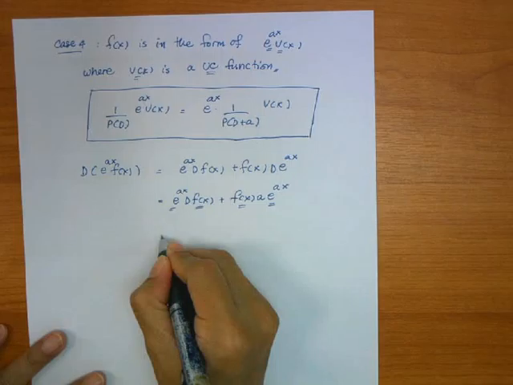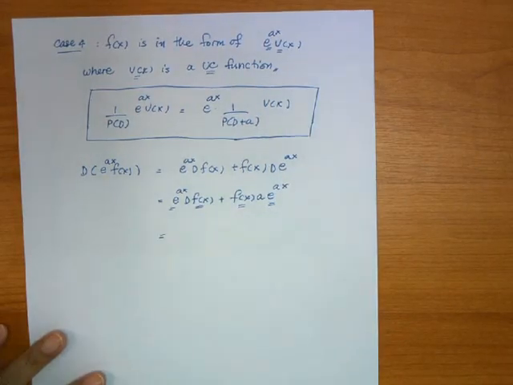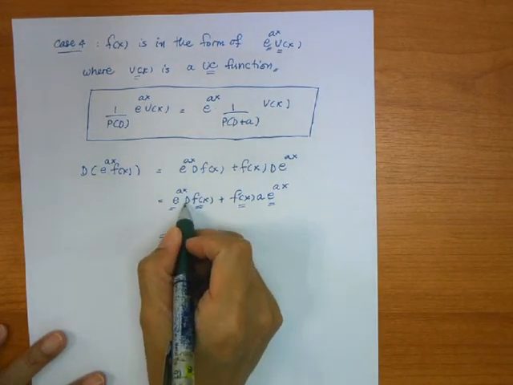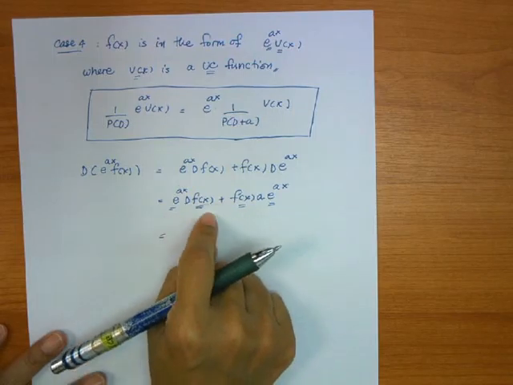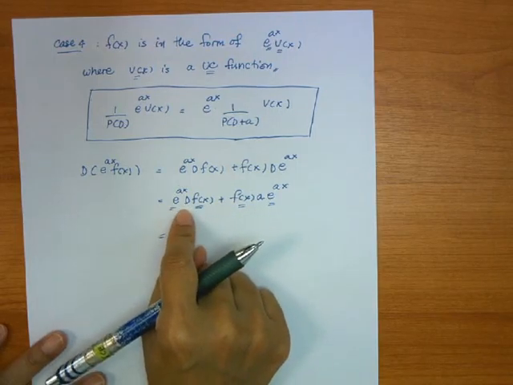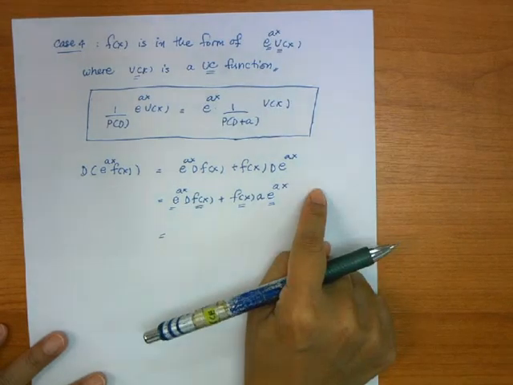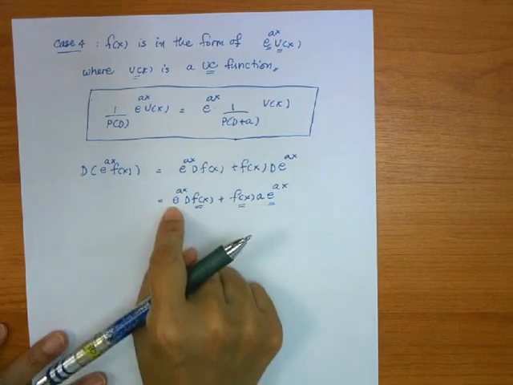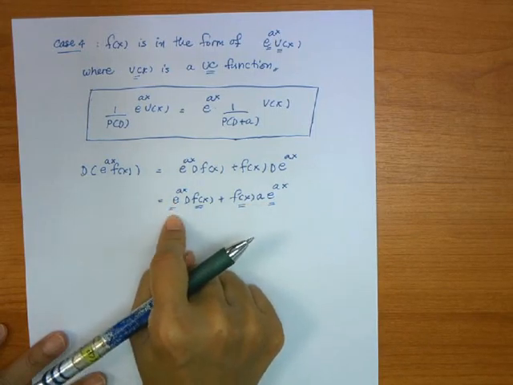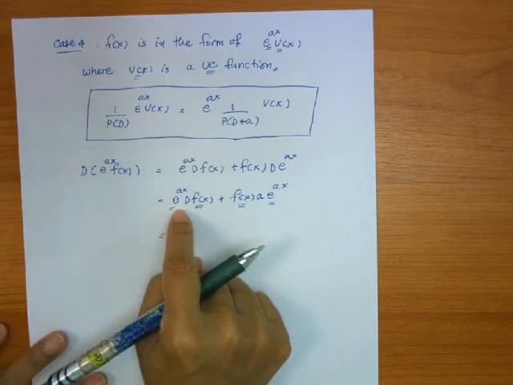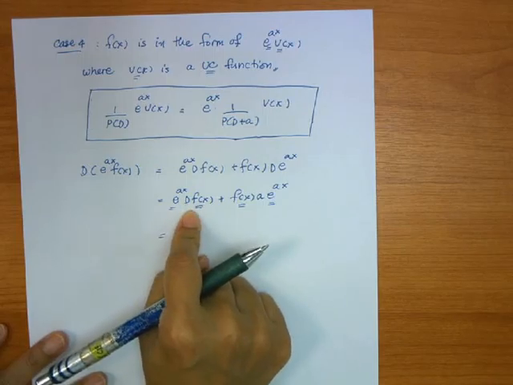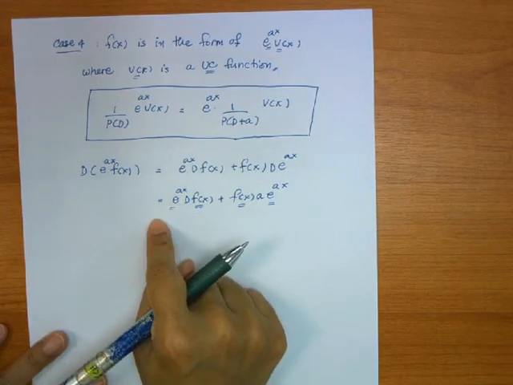But the thing is that this v(x) is at the back of your differential sign. So when you want to take it out, you've got to take it out to the back, right? But for the exponential term, it is in front of your derivative side. So when you take it out, you've got to put it at the front.